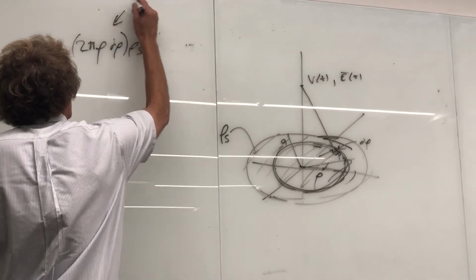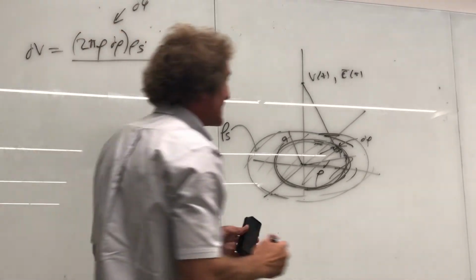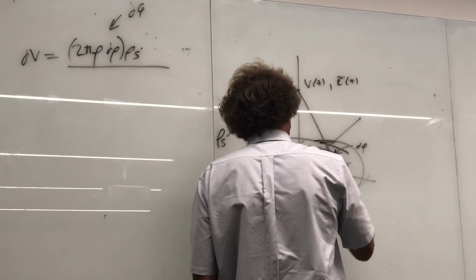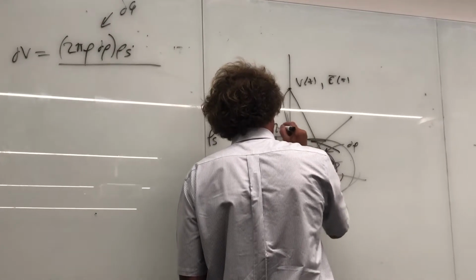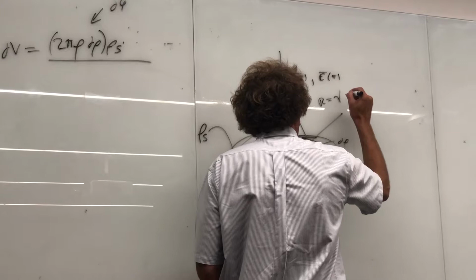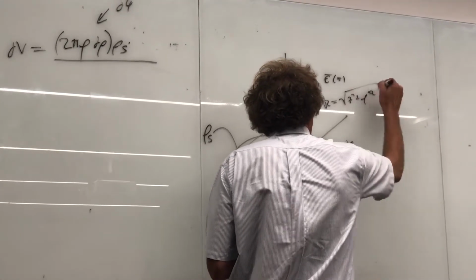So that times rho s is like dq. I only take that and I divide it by the distance from this point to this point, and this is at a height z. So we can say that this has got a height z. And I know this radial distance r would be equal to the square root of z squared plus rho squared. Y'all agree with me there?